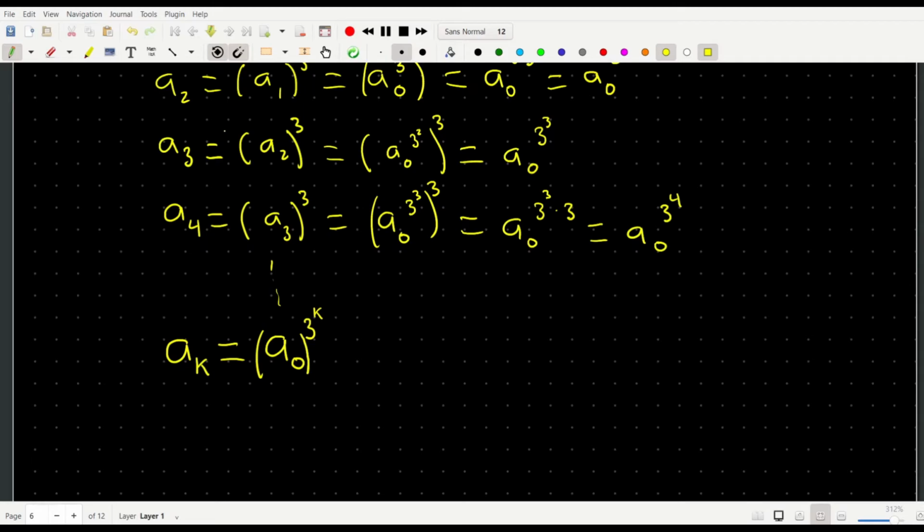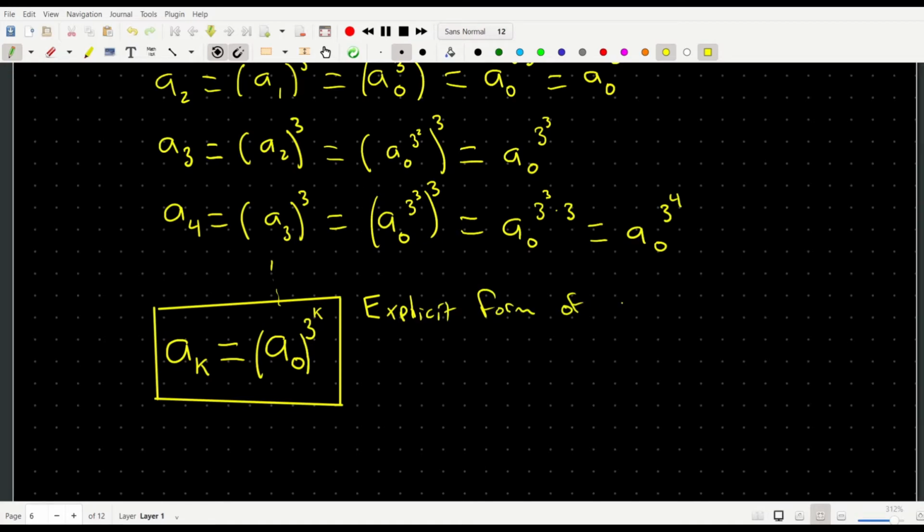But this is the correct explicit form for this sequence, because it's giving you the exact value of the kth term in the sequence as a direct function of k. Basically, for a given starting position a naught, the kth term in the sequence is going to be that starting value a naught to the power 3 to the k. So it's a direct explicit function of k. So that's why we call it the explicit form of the sequence.